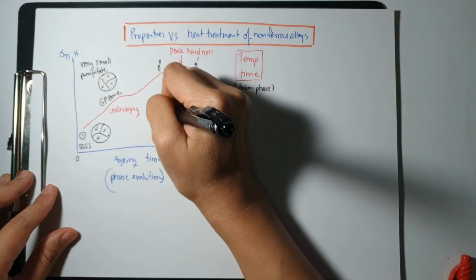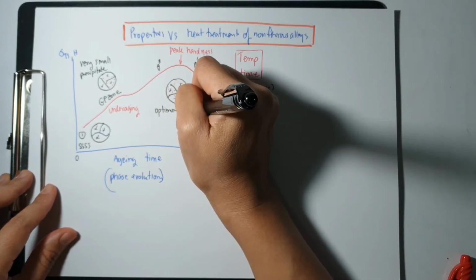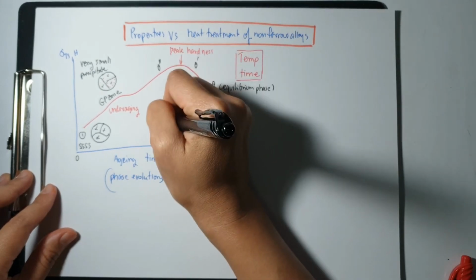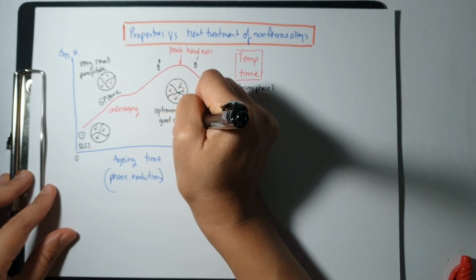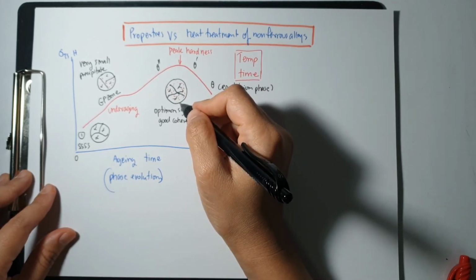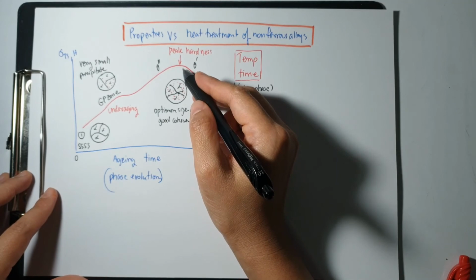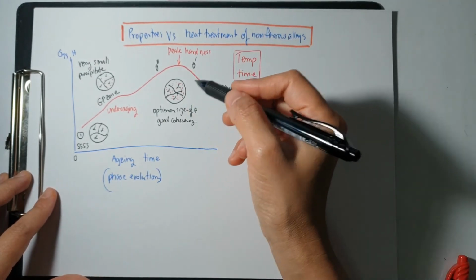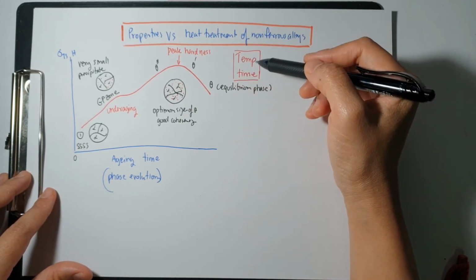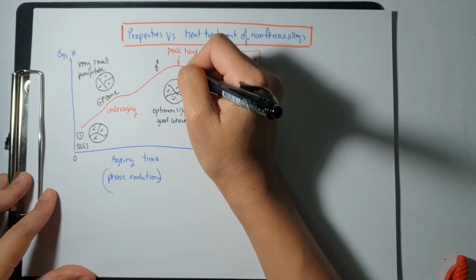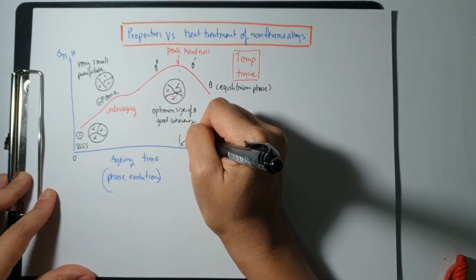So when we arrive at optimum size of theta phase, we have good coherency between the theta phase and the matrix that contribute to the peak hardness and the peak strength. And this is the condition that we can obtain peak hardness at the suitable time over here.